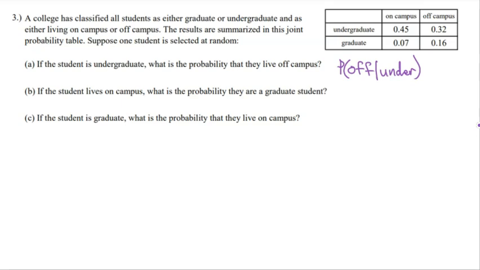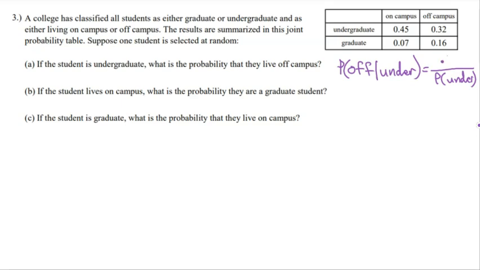So the probability of undergraduate is going to be in the denominator, and the numerator is going to be the probability that they're off campus and undergraduate, okay? And the probability that they're off campus and undergraduate is right here.